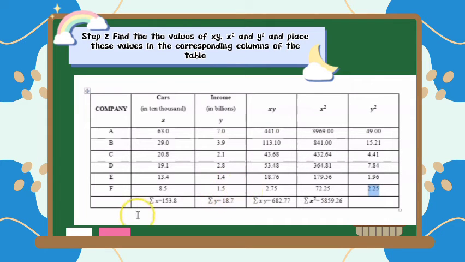To get the summation of y squared, we add all of these: 49 plus 15.21 plus 4.41 plus 7.84 plus 1.96 plus 2.25 equals 80.67.